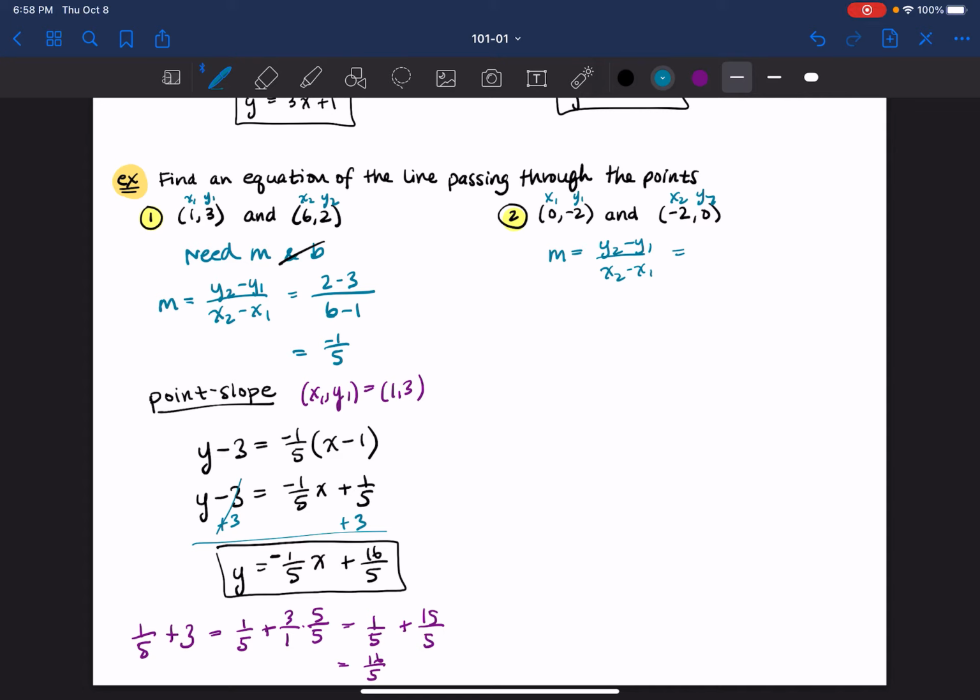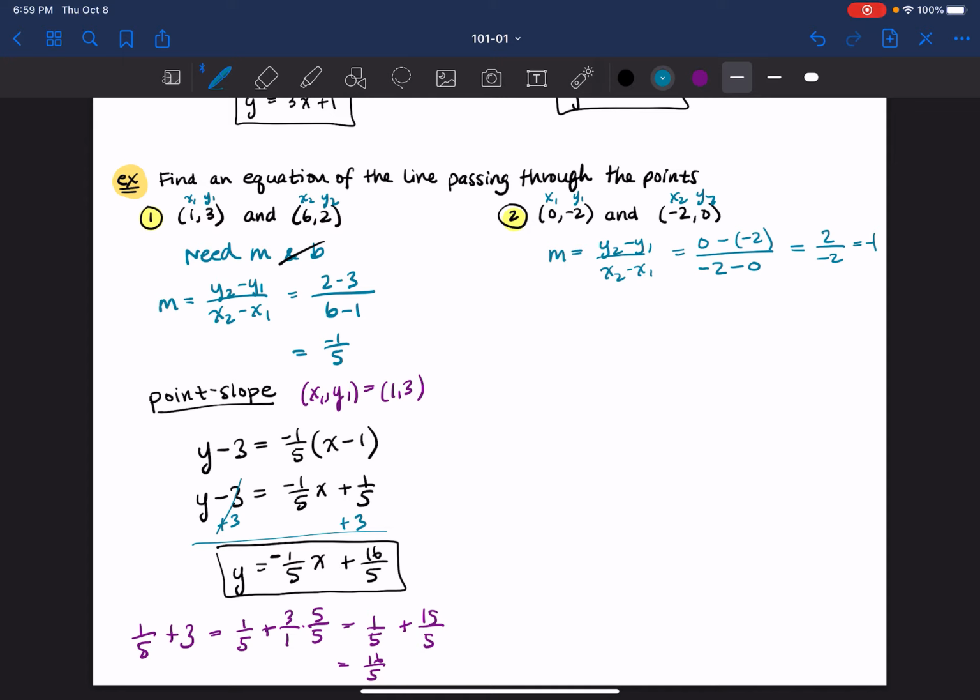So y2 is 0, y1 is negative 2. Be careful with your minus and the negatives. Okay, x2 is negative 2, x1 is 0. So it looks like we have a positive 2 up top and a negative 2 in the bottom. And so when we simplify, that gives us negative 1.